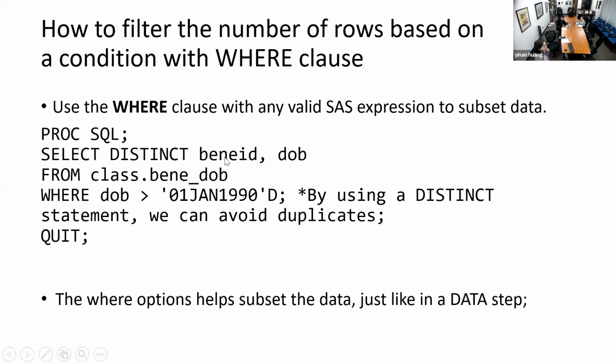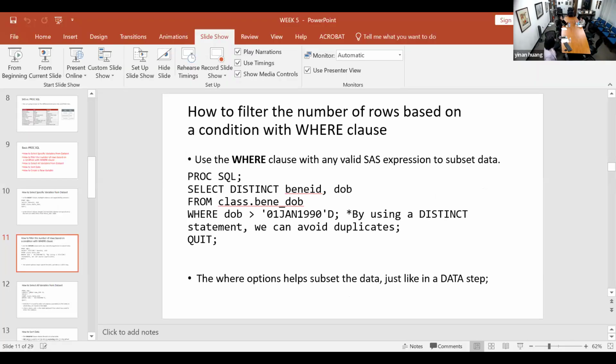I highly recommend you put them in different lines to understand the different steps, but there's no semicolon until you finish the whole statement, like select from where. Then you have a semicolon, and then you have a quit. Okay, you will get familiar with this format when you have more practice.